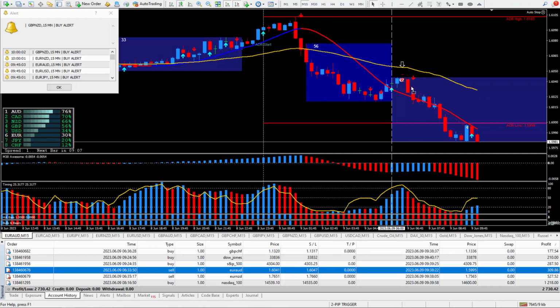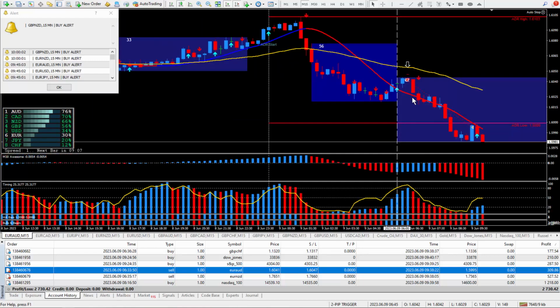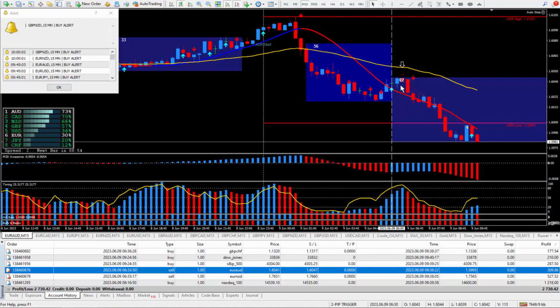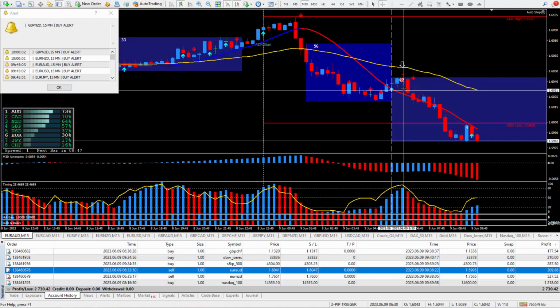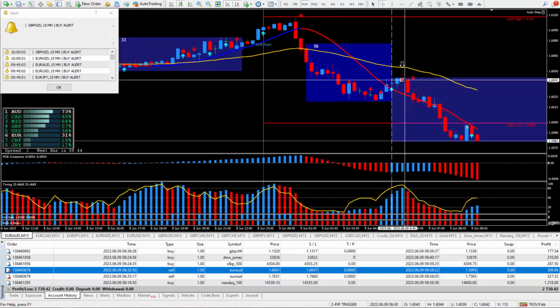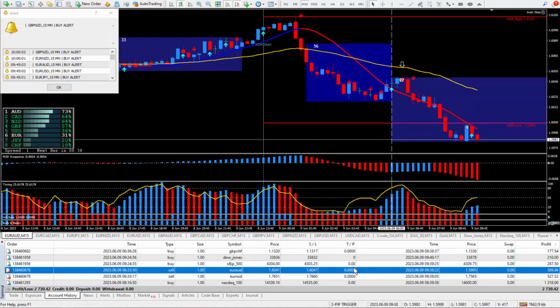Euro Aussie, let's see. Okay, a little bit difficult to see, but there's the cursor where I got in right here. It's hard to get it right in the middle of the cursor, but it looks like I locked in about 45 pips, and those 45 pips on this trade paid out $309.